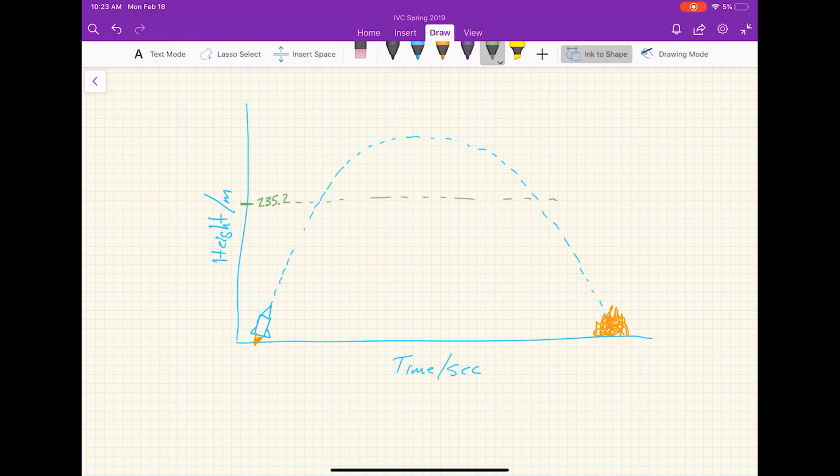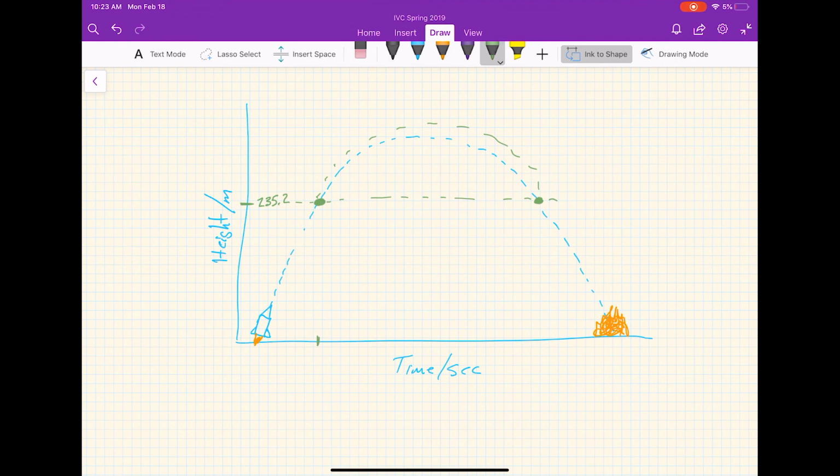But the question asked us, when is it going to be above? On what interval? Well, since it goes up, it must come down, right? So it'll be above at these 2 points that we found, 4 seconds and 6 seconds.